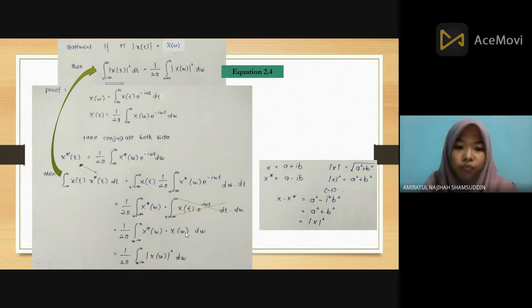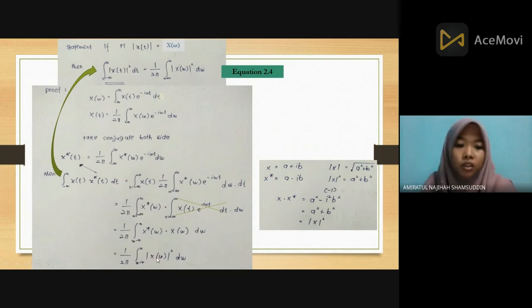Looking at the conjugate part, x times x conjugate equals a squared minus i squared b squared. Since i squared is the imaginary part, it equals a squared plus b squared. So the equation will be the modulus of X squared.